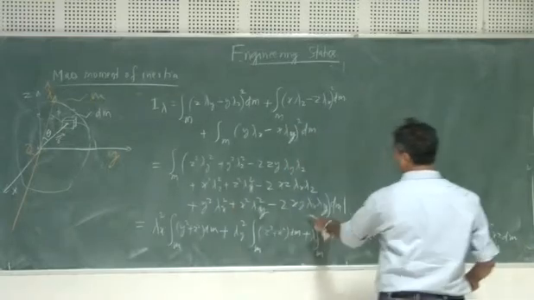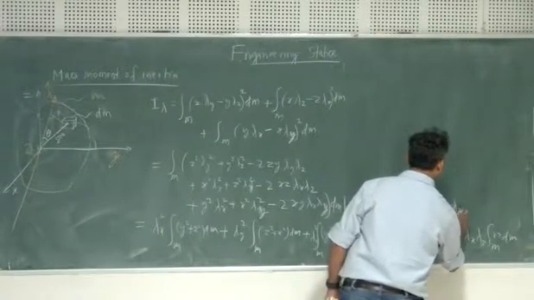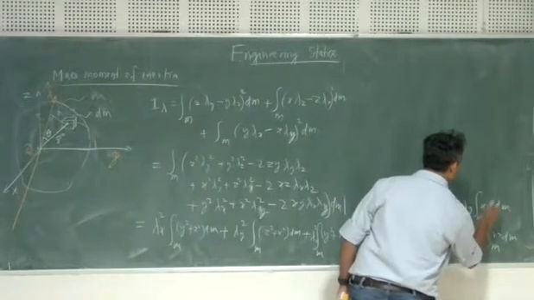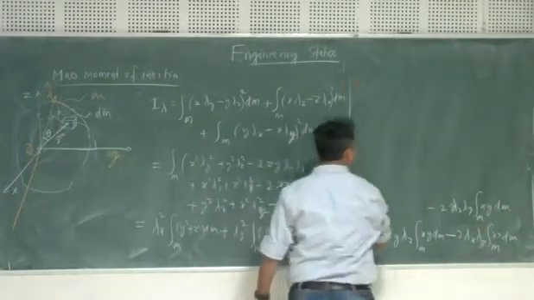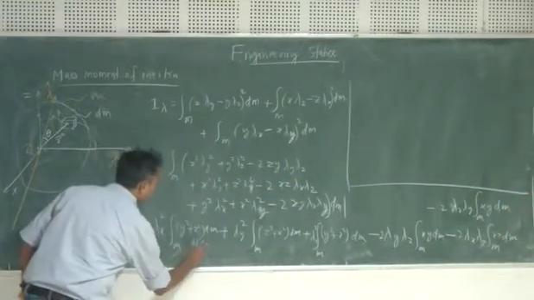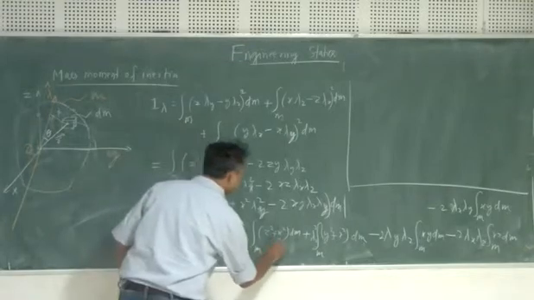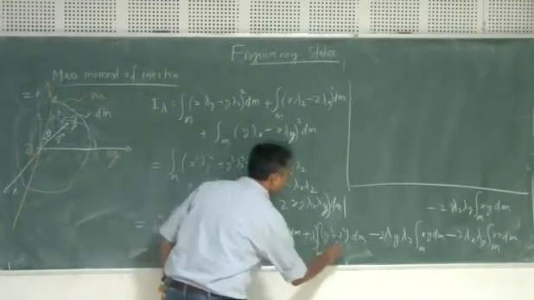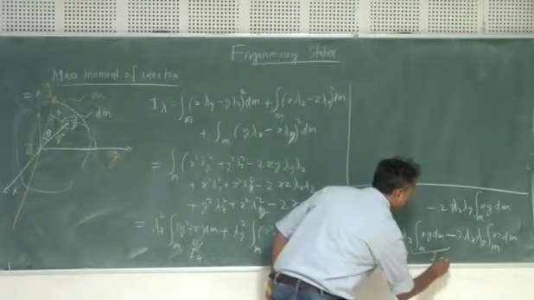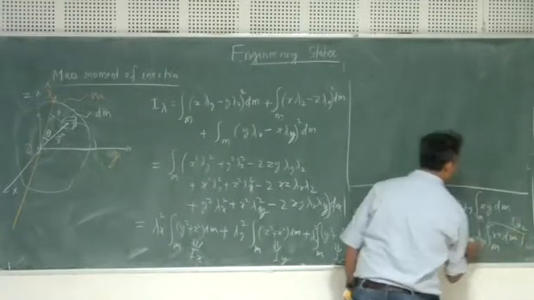And finally you have this one which is given by minus 2 lambda x lambda y times the integral of x y dm. This is your I x, this is your I y, this is your I z, this is your I x y, this is your I x z, and this is your I y z.